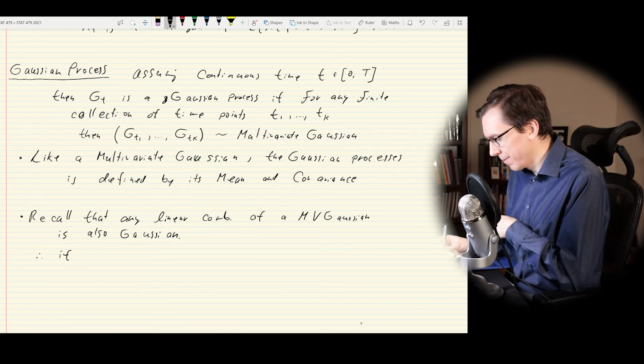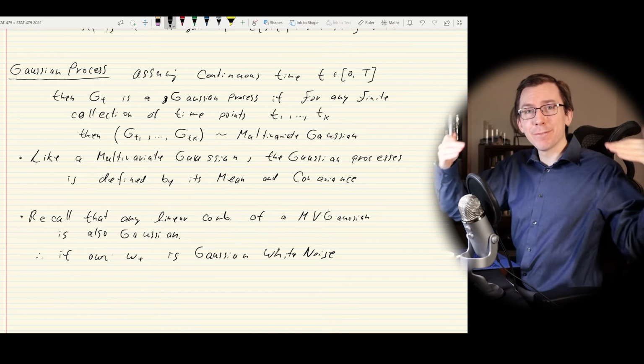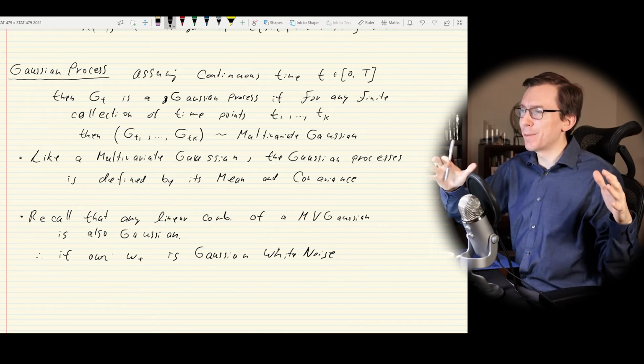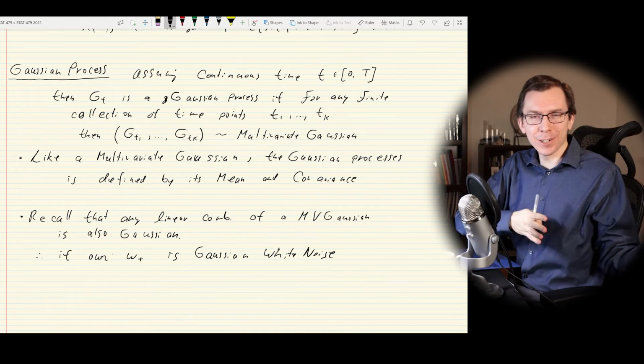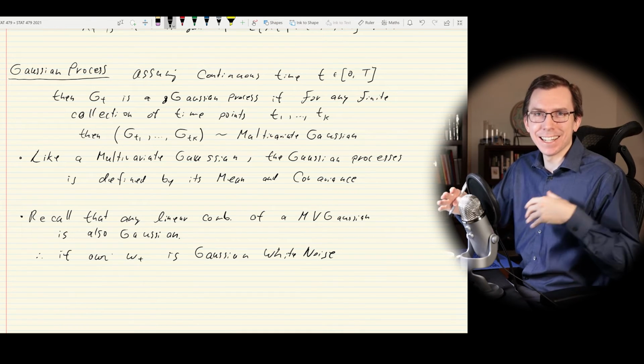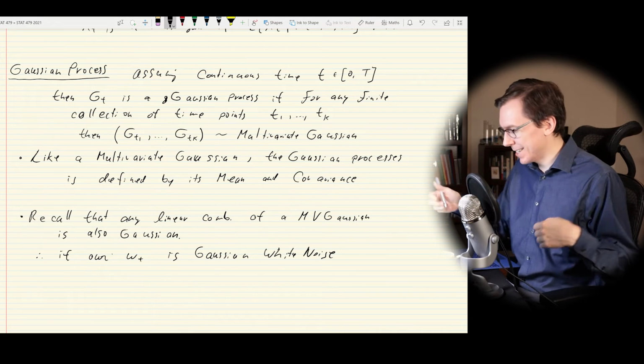because therefore, if our W_t is Gaussian white noise, then what's neat is that every process that we've talked about, like the autoregressive or the moving average process that is derived from that white noise, will also be a Gaussian process.